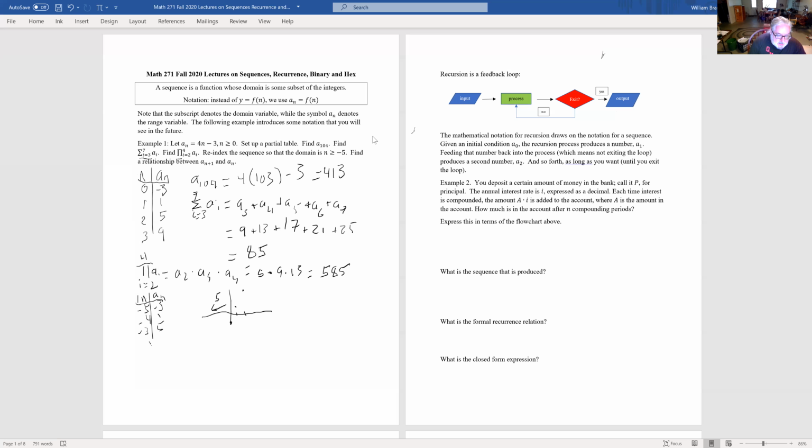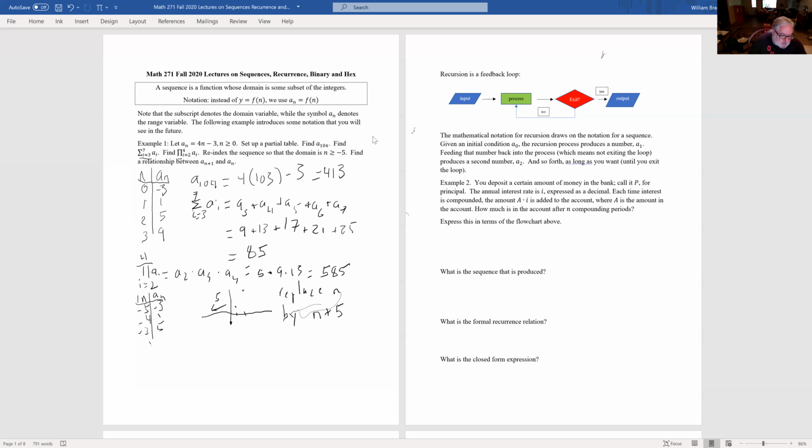So how do we move a graph 5 units to the left? Well, replace n by n plus 5. Remember, if you were trying to move graphs around back in algebra, to move something to the left, you change the variable from x to x plus 5.